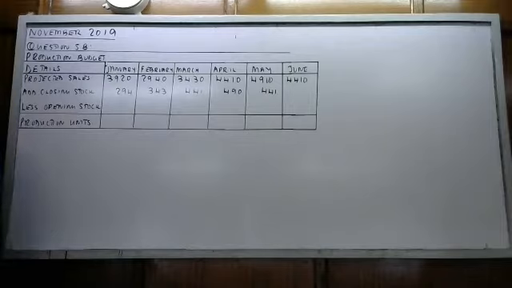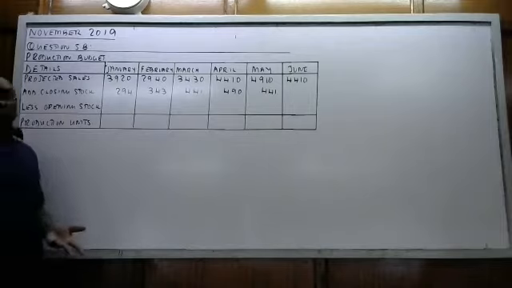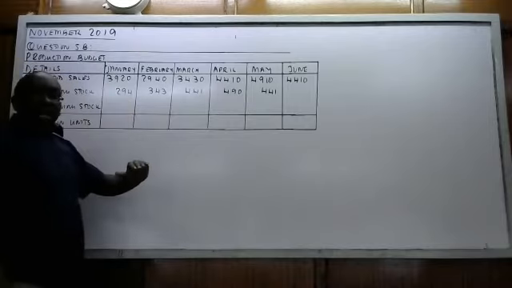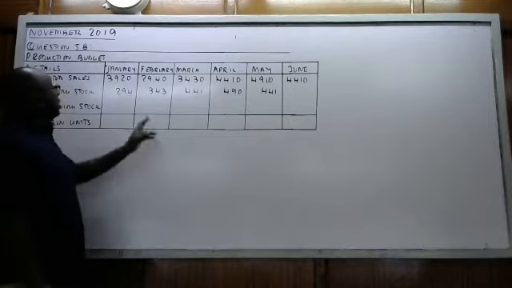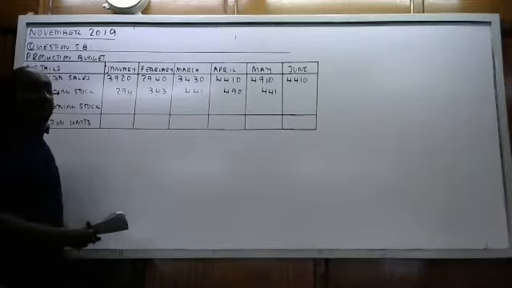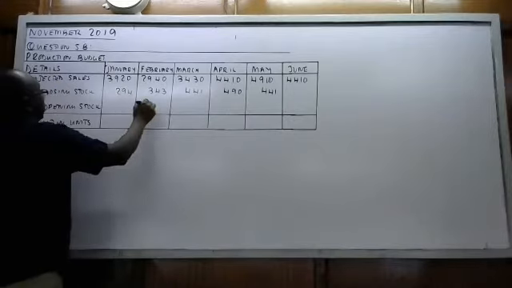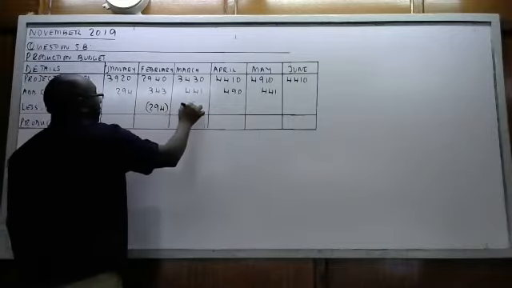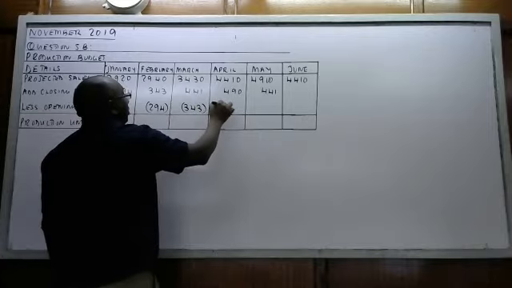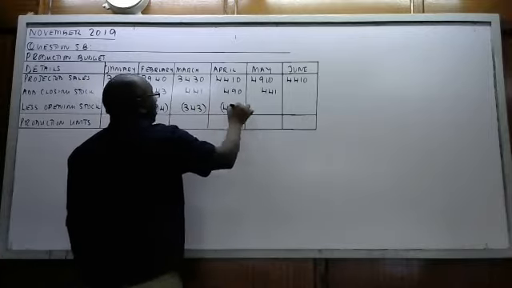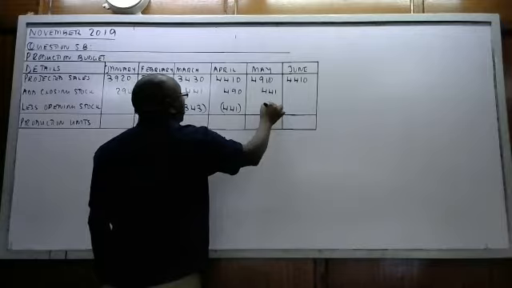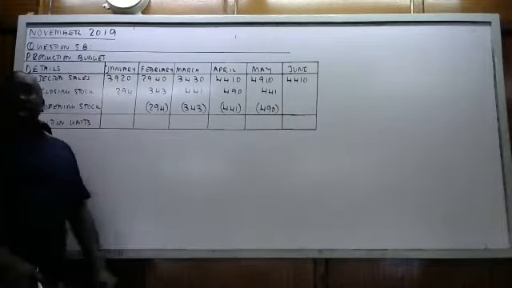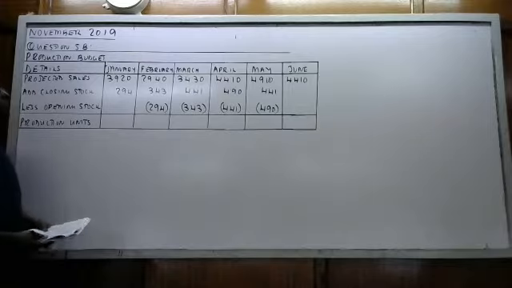Then we know so well that the closing today is the opening tomorrow. So this closing of January will be the opening February. So this will be 294 here, 343 here, 441 here, and 490. June, after all, is not one of the requirements.